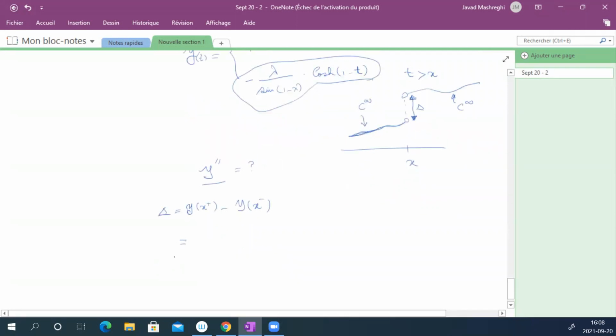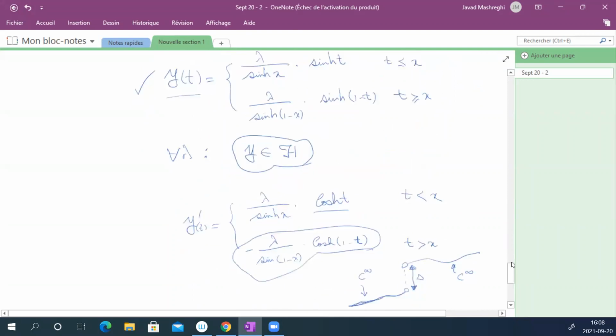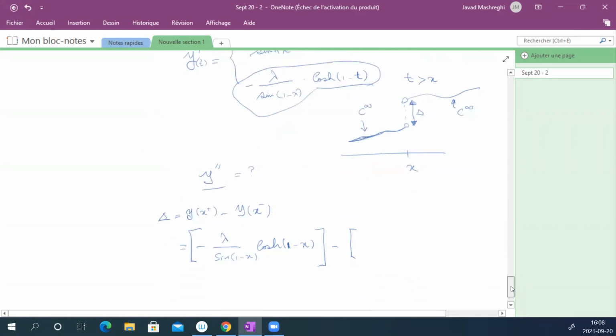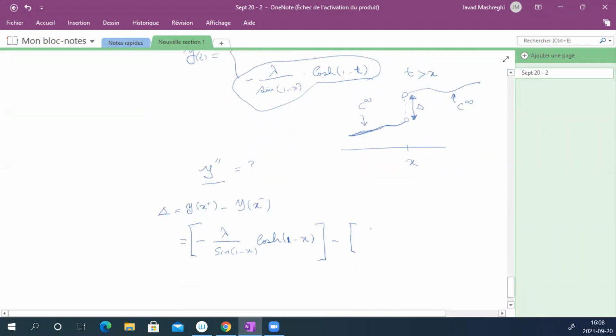So you obtain minus lambda sine hyperbolic 1 minus x cosine hyperbolic 1 minus x. This is x plus; for x minus it is this one, lambda over sine hyperbolic x cosine hyperbolic x.